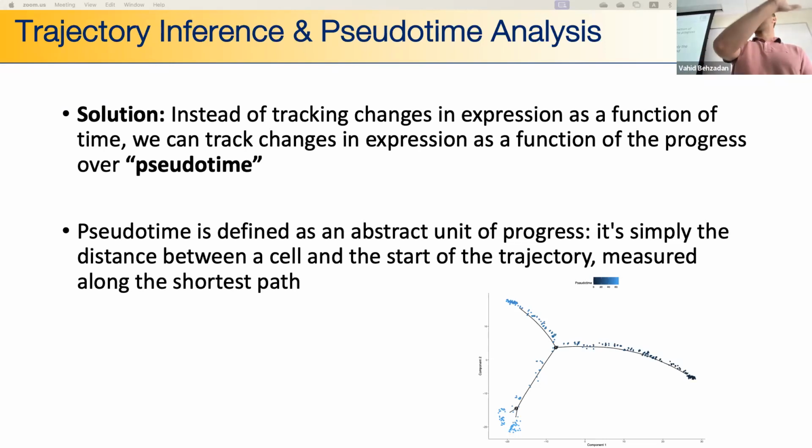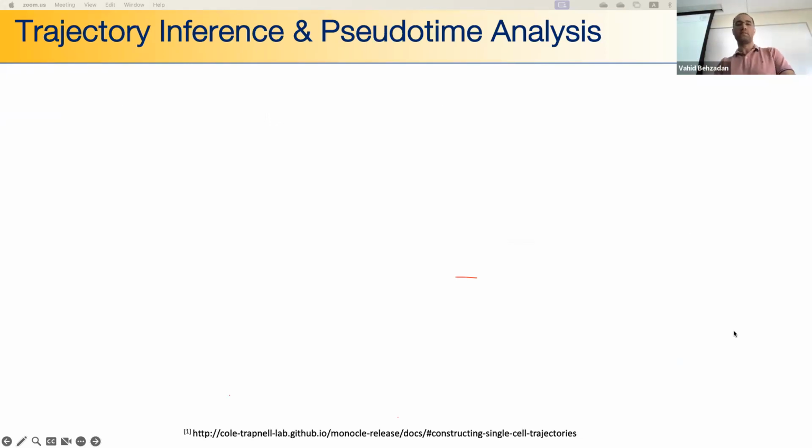If the cell has more of these genes expressed, then we know that it's at the end of the process. If the values are still small, then we know it's at the beginning of the process, and we can create bifurcation points like this depending on where the cells go, because they change type as we go.